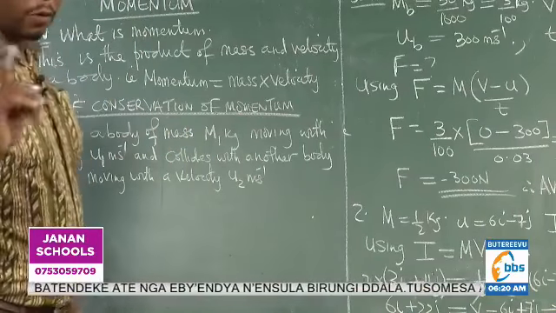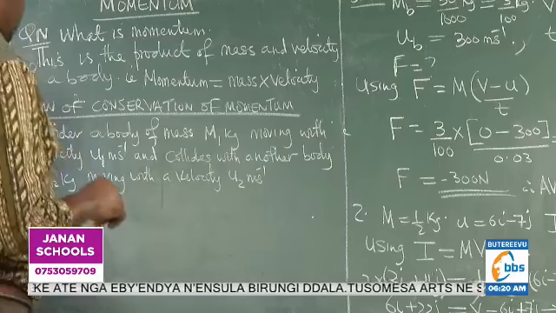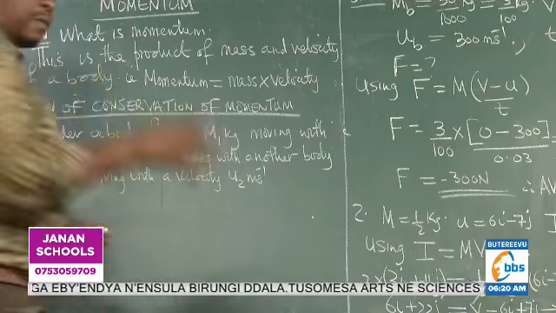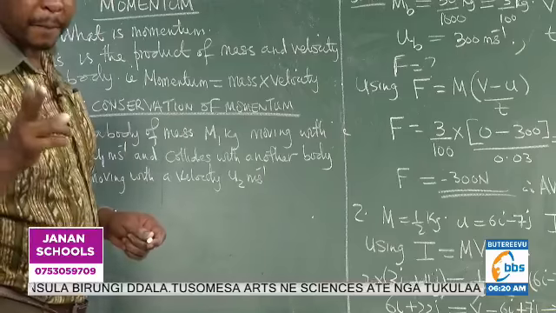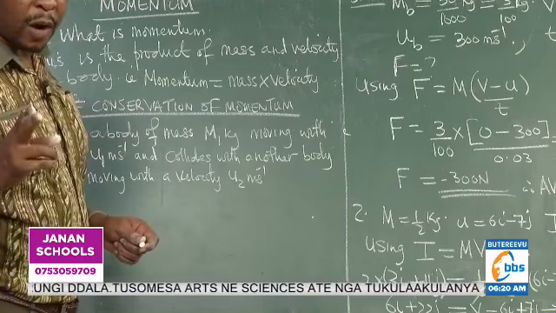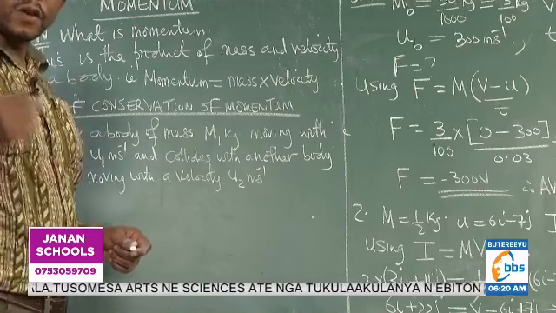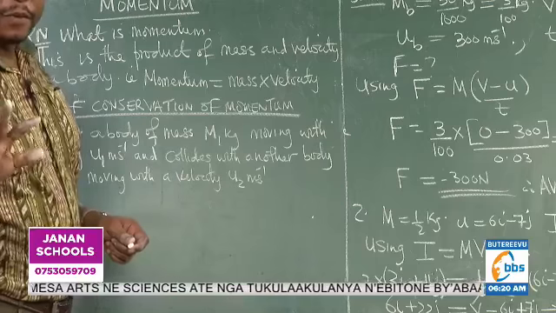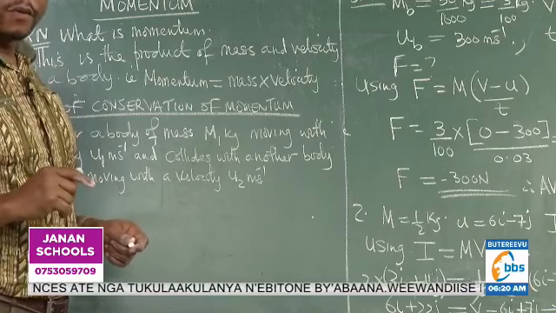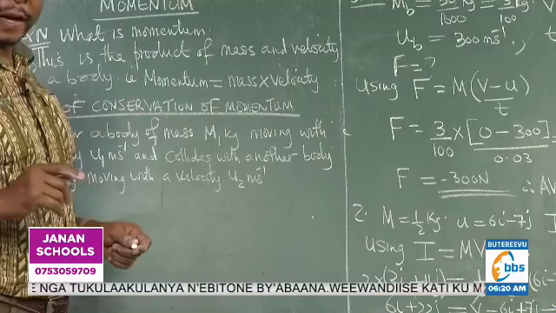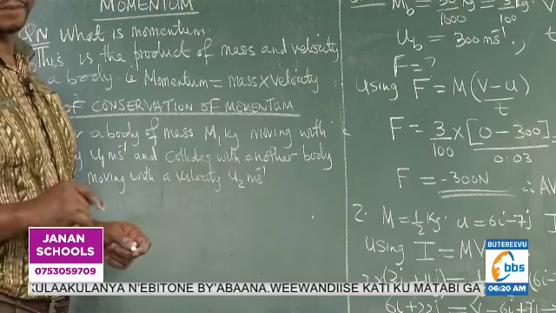There are two types of collision here that we shall talk about. When these bodies collide, there is a possibility that they can move together. That is condition one, or possibility one. There is also a possibility that they can move separately. Now, if they move together, they move with a velocity that we call in science common velocity.